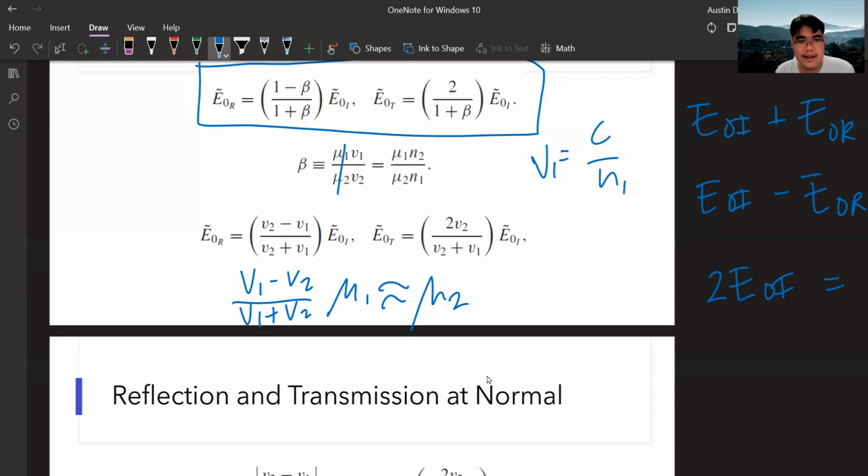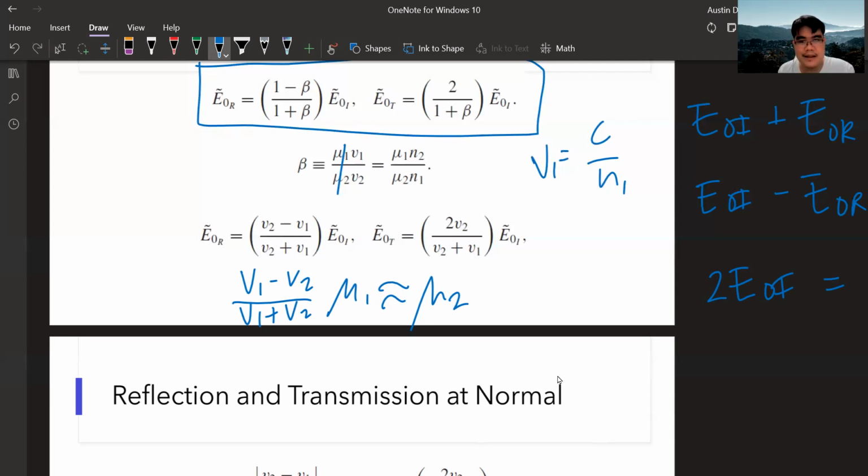So the intensities would be given as one-half epsilon 1 V1 E naught R squared, tapos divided by one-half epsilon 1 V1 E naught I squared. Epsilon 1 pa rin to kasi incident siya, then V1 pa rin kasi incident siya, then ang magbabago lang is, okay, we have this.